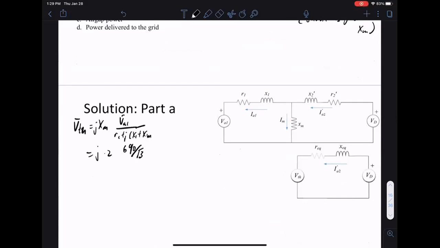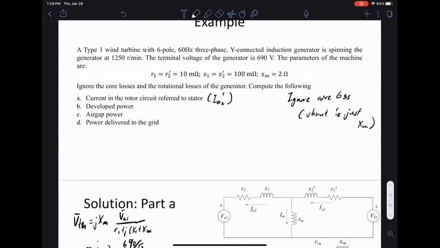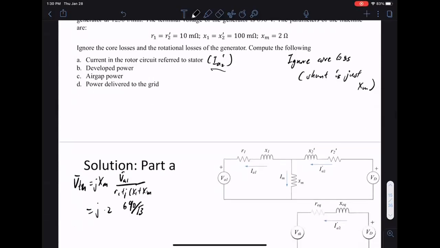Because if the question says the terminal voltage of the generator is 690 volts, that's the line-to-line voltage. What we want is the per phase current, so we divide the voltage by √3 to convert to the line-to-neutral voltage.